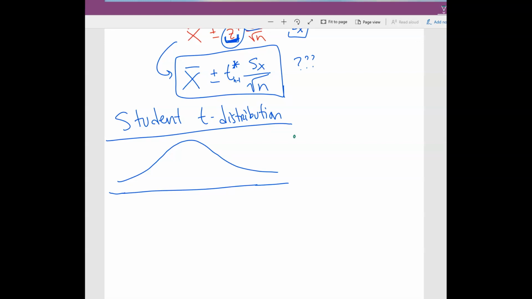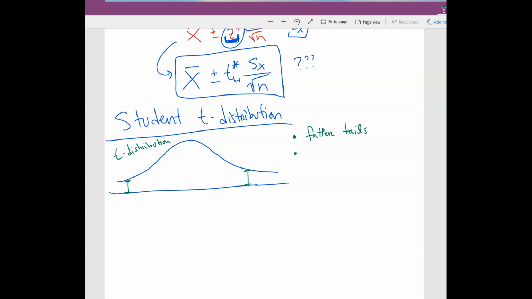This is a t distribution. It looks a lot like a normal curve, but the only thing is the following: the student t distribution has fatter tails. You can see that here at the tails, these are a little bit fatter, a little thicker. So it has fatter tails.